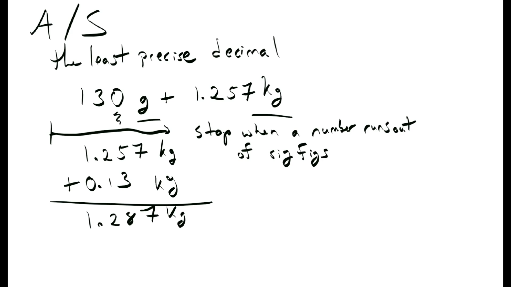Okay, so, boom. Because the number on the bottom only goes to 2 decimal places, the number on the top it goes to 3, your answer is going to cut off there as well. So now that you've done that, you round it, your actual answer is 1.29 kilograms.